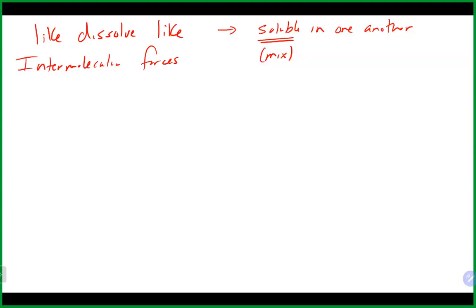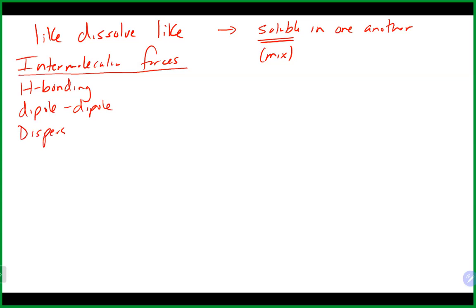So if things have very similar intermolecular forces, they will be very soluble in each other because they basically will be using the same type of interaction as they're very much familiar with. And there's really three types of intermolecular forces. There is what is referred to as hydrogen bonding. There is dipole-dipole interaction. And there's what is referred to as dispersion forces.